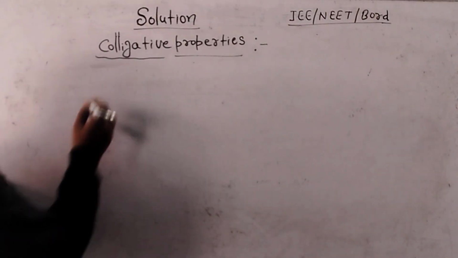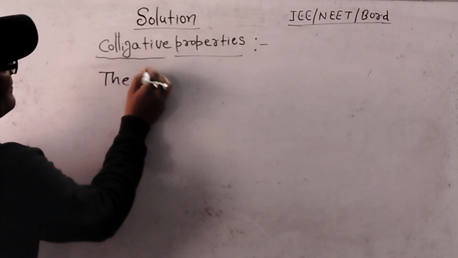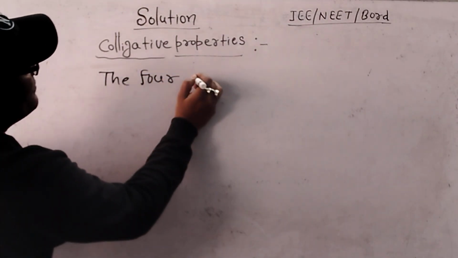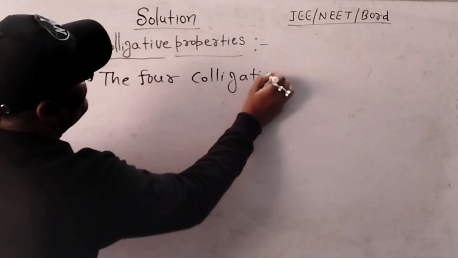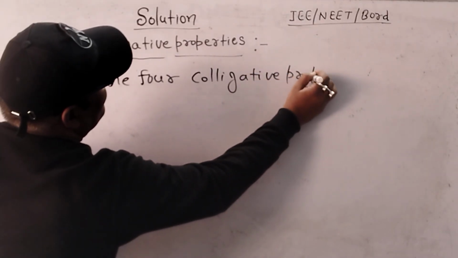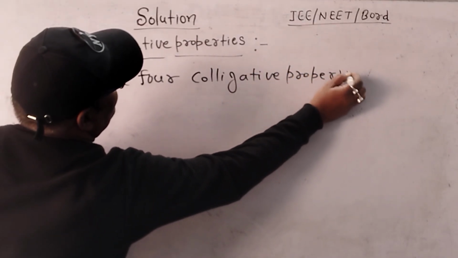One by one we can write the four colligative properties.